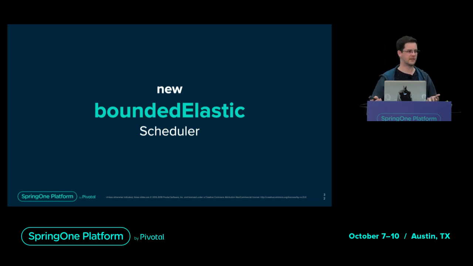So that's basically what Elastic is actually at the moment, sorry. But there is one big issue with that: if you offload blocking work to that existing Elastic scheduler, and you do that a lot, you end up creating a lot of threads. The idea of the Elastic scheduler is it grows indefinitely. Each time you submit a task, it potentially could create a new thread. And then once it's not used anymore, the thread goes back to the pool.